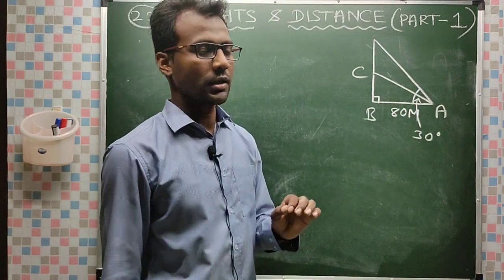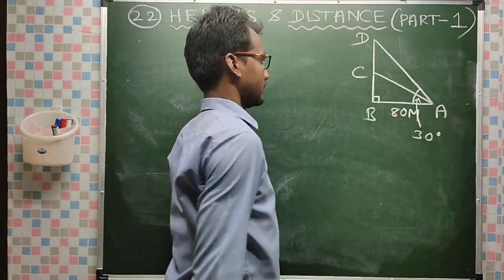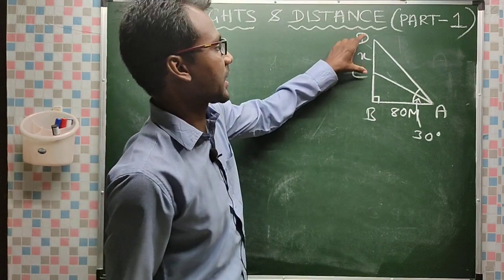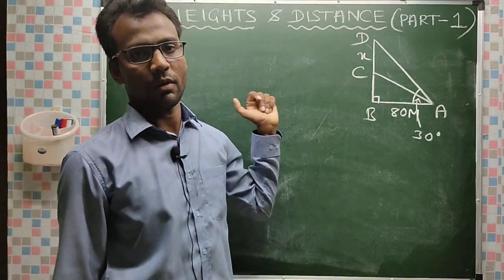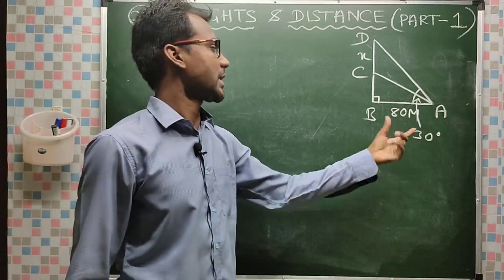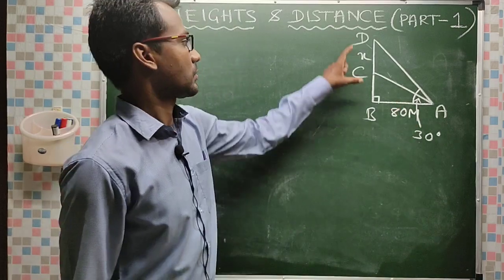First it was 30 degrees, now it will be 60 degrees. Suppose this is D. We have to find this CD. How much extra do we have to raise the height of the tower, so that the new angle of elevation at the same point, which is 80 meters away from the base of the tower, will be 60 degrees? So we have to find CD.